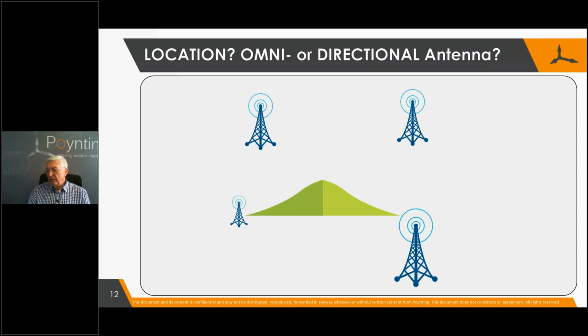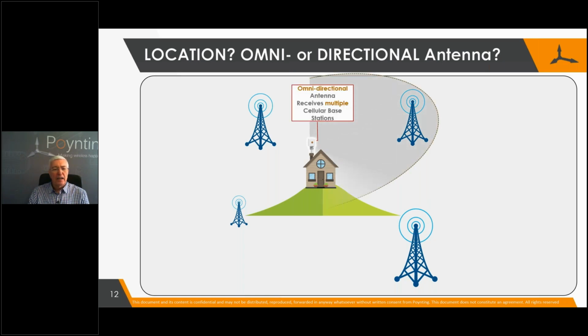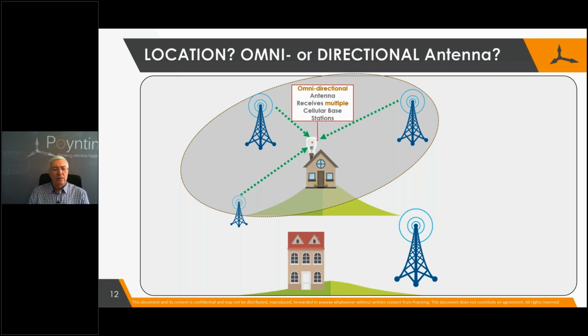Now, as you know, around you have multiple towers that are going to be providing you with an internet signal from an internet service provider. So let's look at an omnidirectional antenna. As the name suggests, an omnidirectional antenna has the ability to receive a signal from multiple towers around it. Whereas when you look at a directional antenna, as the name suggests, a directional antenna is going to be receiving signal from a single tower.